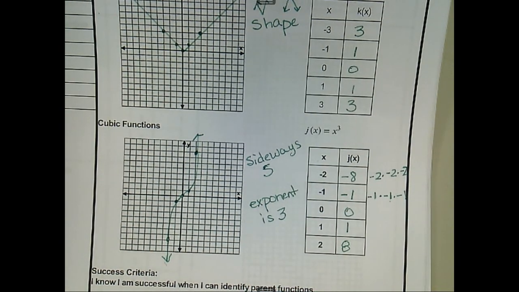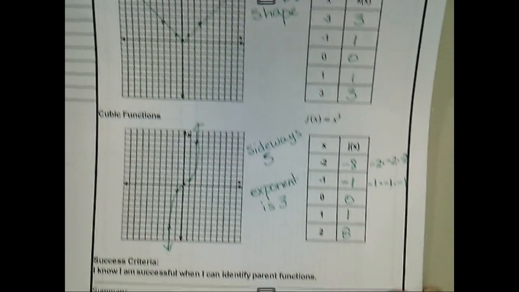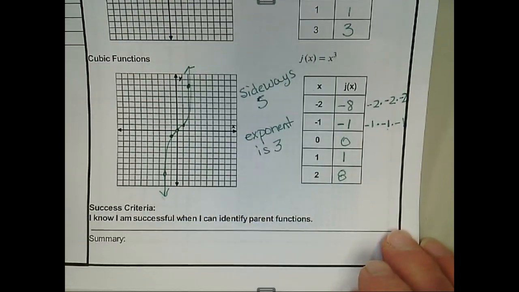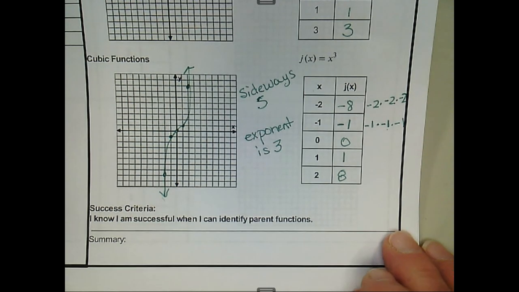So you need to know what a linear function looks like, what a quadratic function looks like, what an absolute value function looks like, and what a cubic function looks like. You know you're successful when you can identify these parent functions.